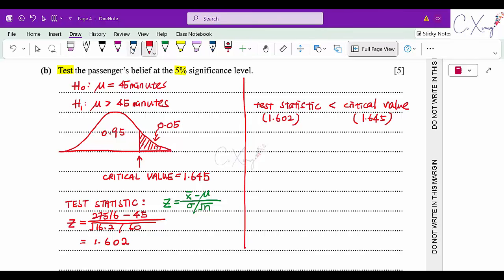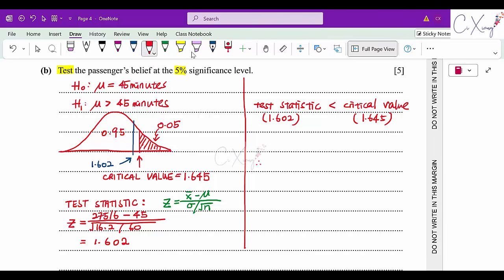Now I want to place my test statistic into the diagram that I drew. 1.602 is very obviously before the line of 1.645. This blue line falls under the white area here. The shaded area is the rejection region. The white area here is the acceptance region.